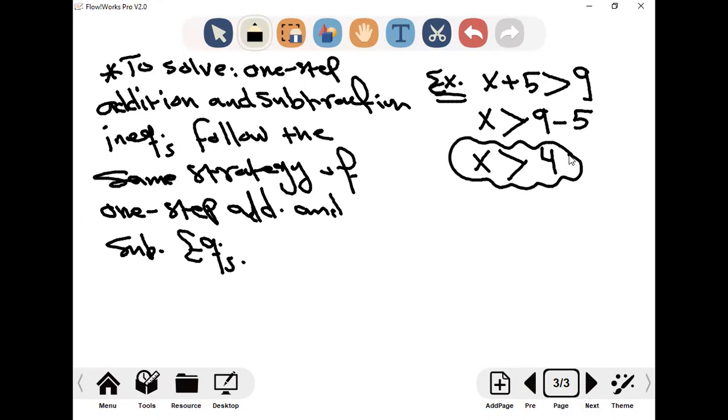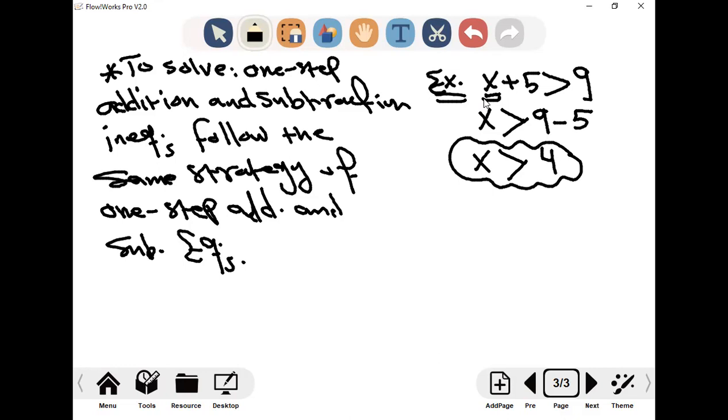x is more than 4. What does this mean? Any number more than 4 is a solution. Give me an example. Any number more than 4. 6. 6 is more than 4, right? Put it here. 6 plus 5 is 11. Is 11 more than 9? Yes, so it's a solution.